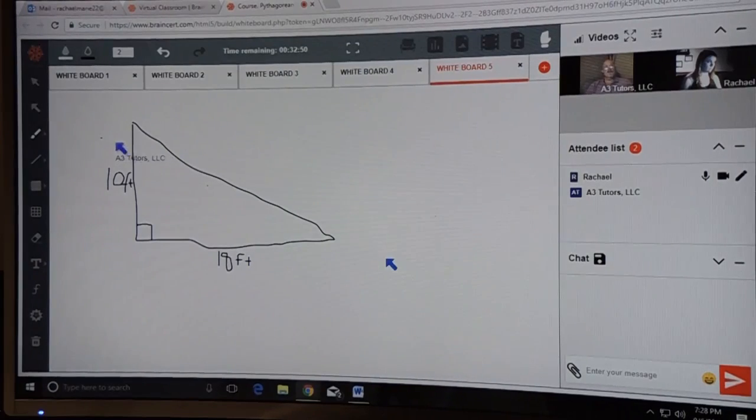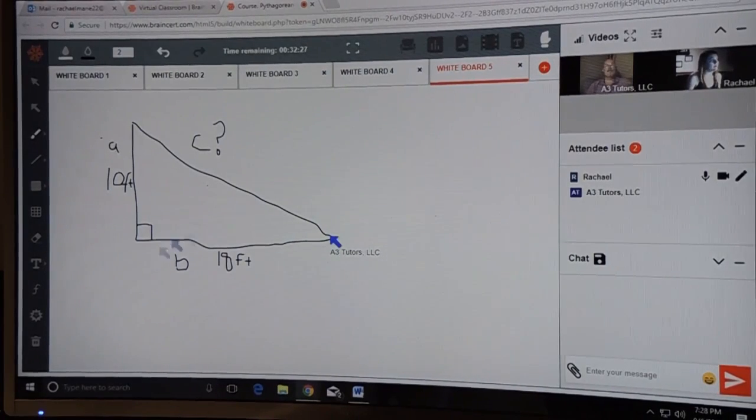But we don't know, this could be side A, this could be side B, and this will be side C, but we don't know what that is, do we? No. How would we solve this problem, Rachel? How would we find the distance of this side?